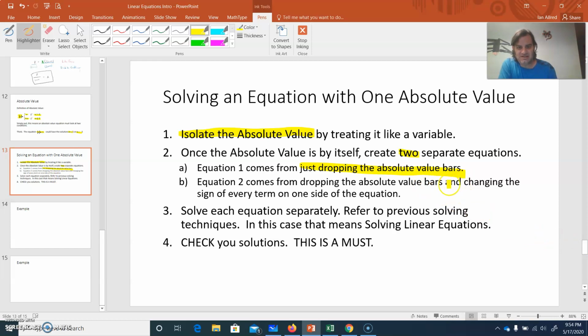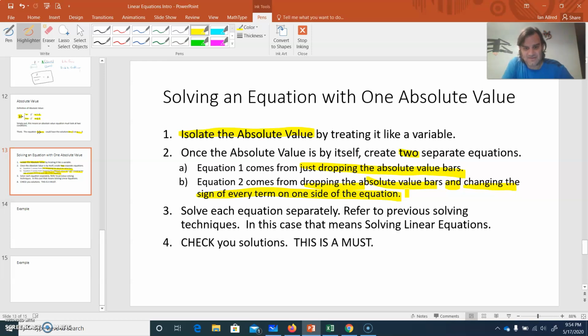The second equation, two completely separate equations, will come from dropping the bars and changing the sign of every term on one side of the equation. So we can assume this is the side that had the absolute value. So this is where we might assume that what was in there was negative, and to get rid of the bars, we would change it to positive or change the sign of it, which is what we'd do there.